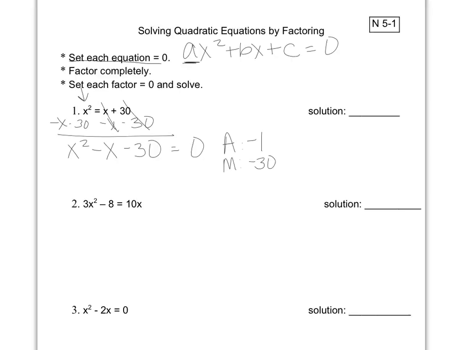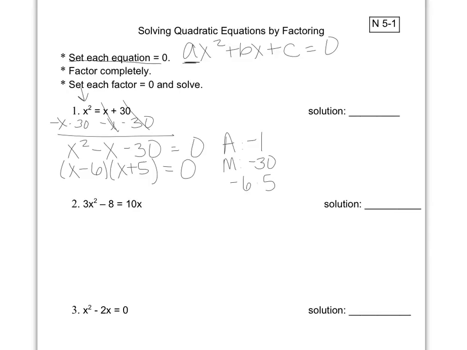Okay, so the two numbers would be -6 and +5. So when I factor that, that would be x minus 6 and x plus 5 equals 0. Okay, so I factored it.